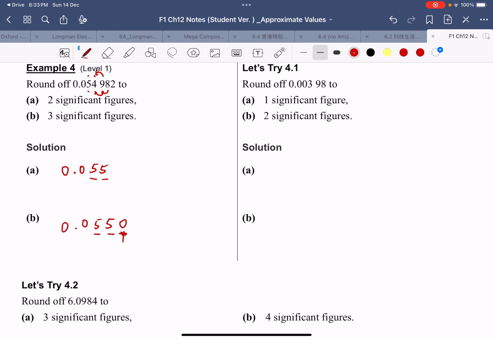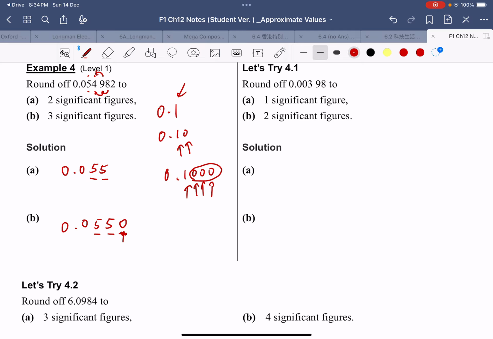So if I have a number 0.1, how many significant figures? Just 1. 0.10 is 2 significant figures. 0.1000: 1, 2, 3, 4. All zeros are significant here.